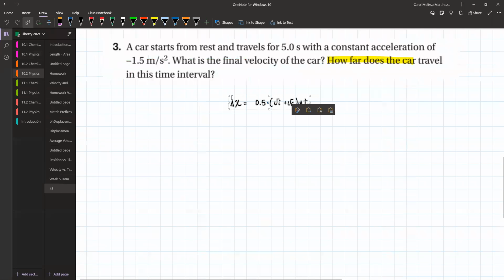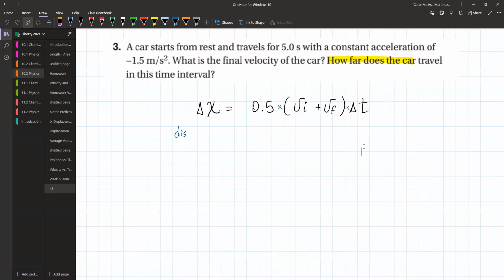So take a look. This delta x in your equation means displacement. Displacement means change in position. So when I talk to you about displacement, it means that you can write the symbols.